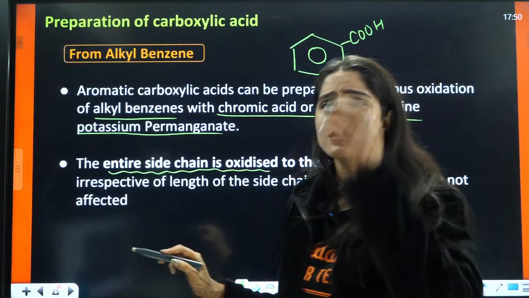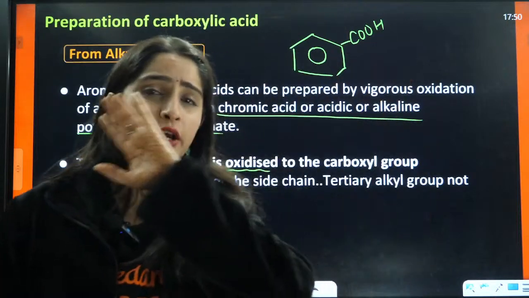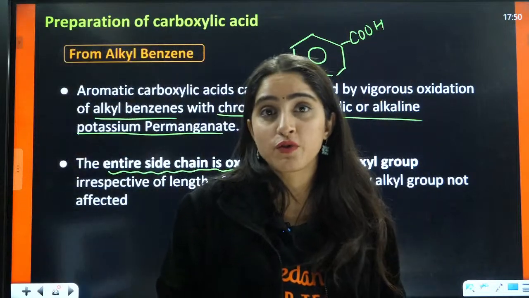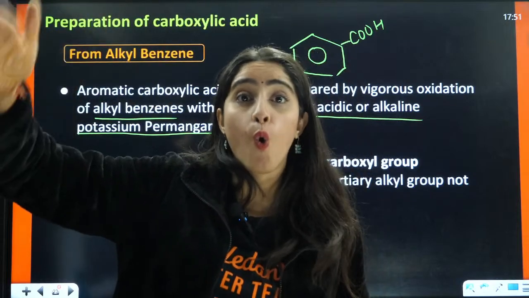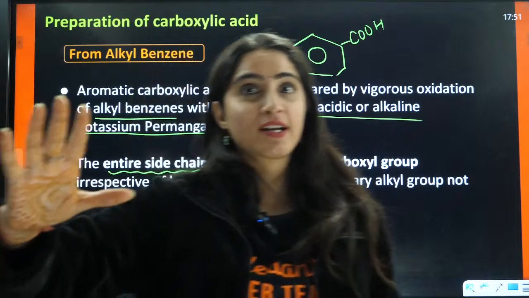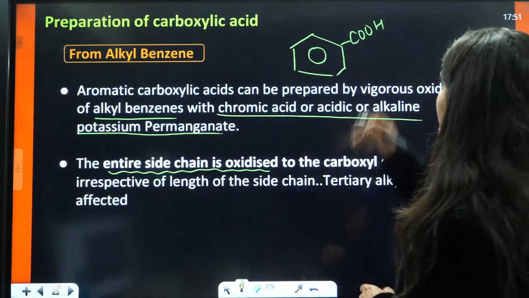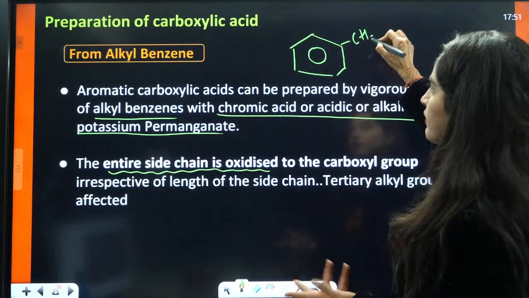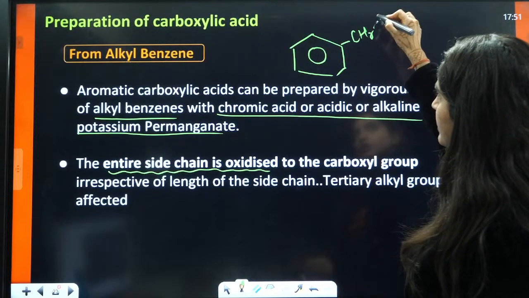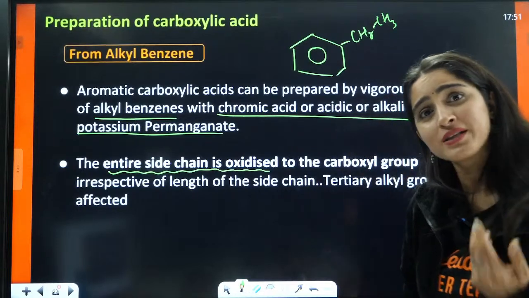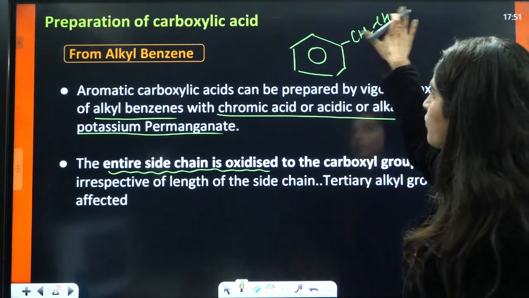It doesn't matter how many carbon atoms it has, thousands, millions. The whole chain will be converted to COOH, right? Interesting, no? Whether you have CH3, that will be converted to COOH. Whether you have CH2CH3, that will also be converted to benzoic acid only, right? Doesn't matter what you have.